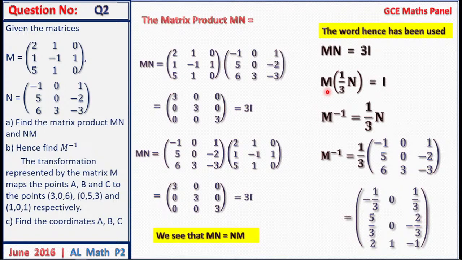Now the C part says that a transformation represented by the matrix M maps the points A, B, and C to the points 306, 053, and 100 respectively.